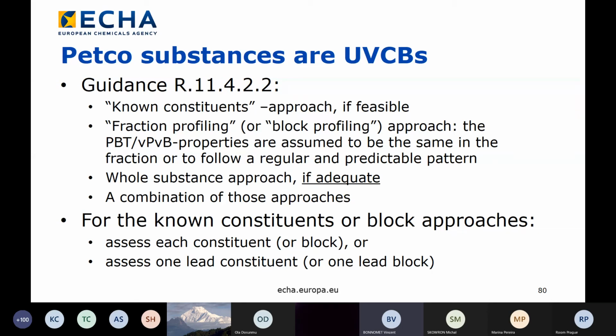But again, it looks easy in theory, but in order to demonstrate this, it would mean that in practice you have to generate some data.